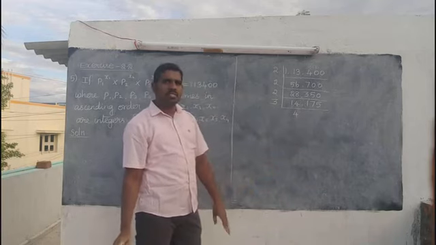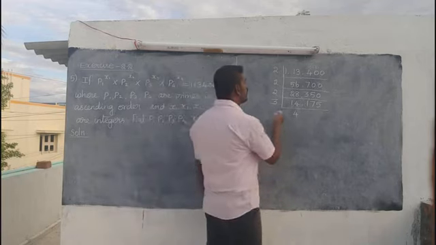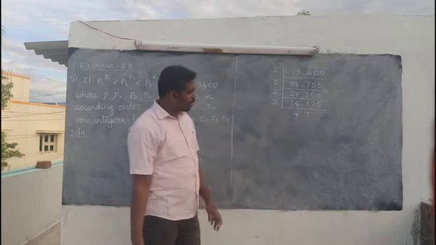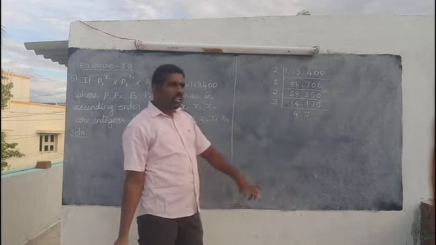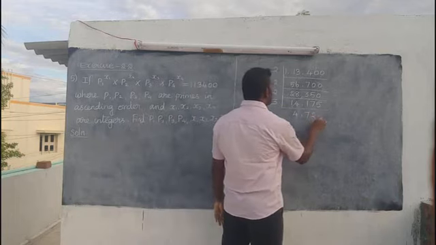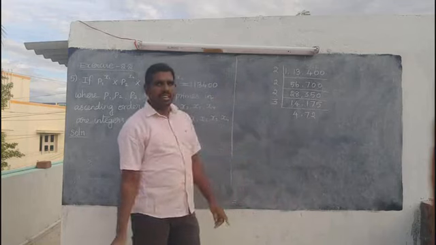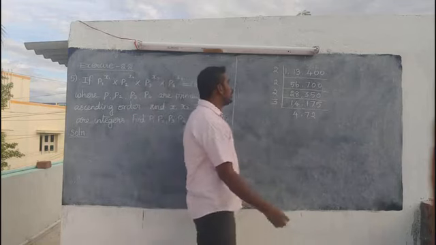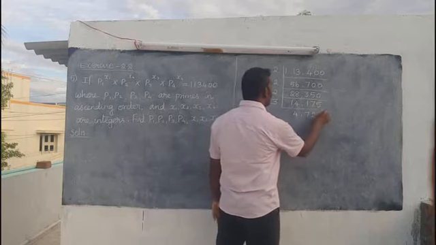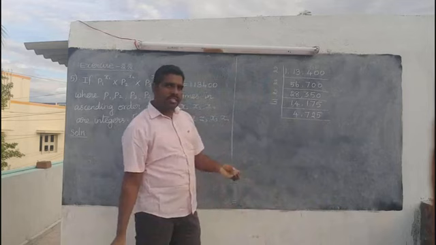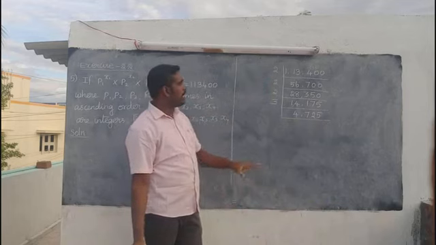The next value becomes 21. In 21, 3 goes 7 times. The next number is 7. In 7, 3 goes 2 times, so 2 threes are 6, remainder 1. The next value becomes 15. In 15, 3 goes 5 times.